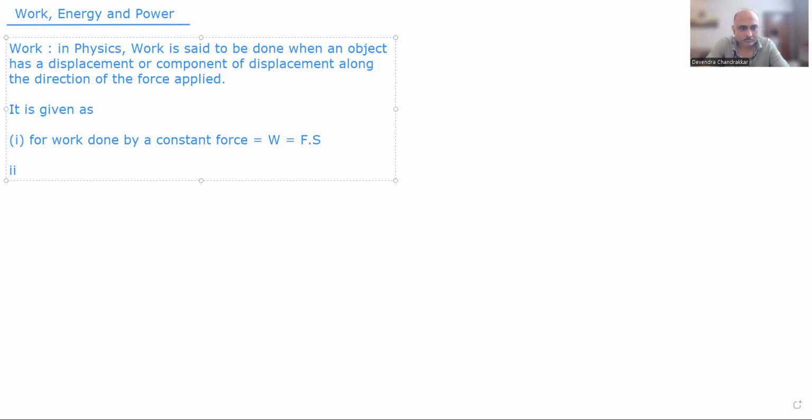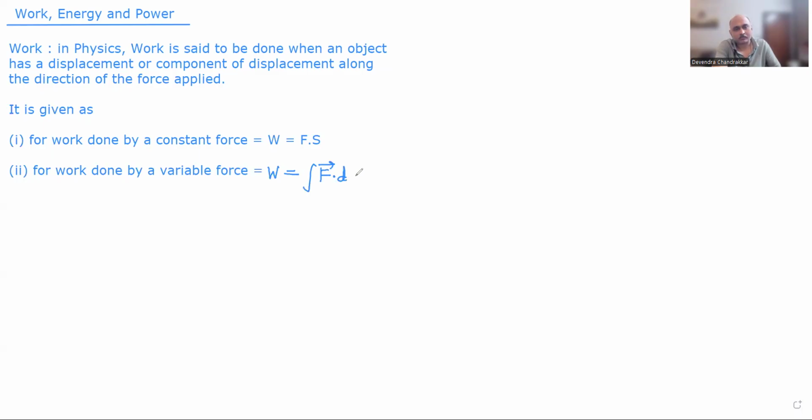And second is the work done by a variable force. It is given as W is equal to the integral of dW, found by finding the work done by that force.